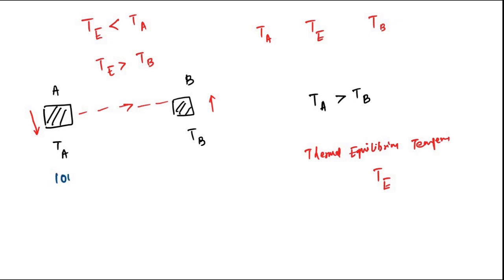Let us assign some values. Let's say the temperature of A is 100 degrees Celsius and the temperature of B is 20 degrees Celsius. Heat will flow from A to B, and let's say the heat flow goes on till TA decreases to 60 degrees Celsius and the temperature of B increases to 60 degrees Celsius.